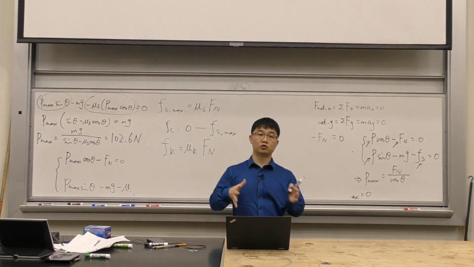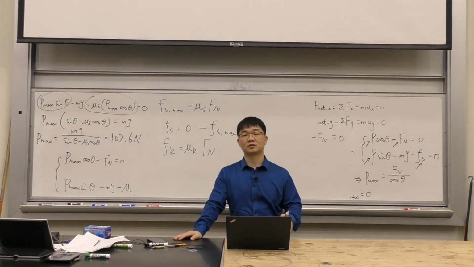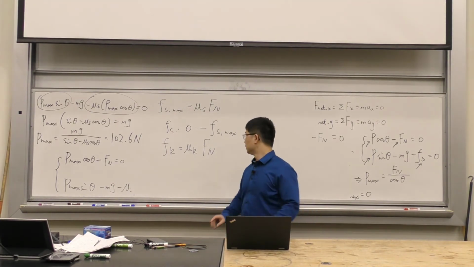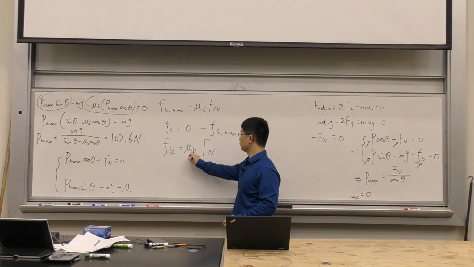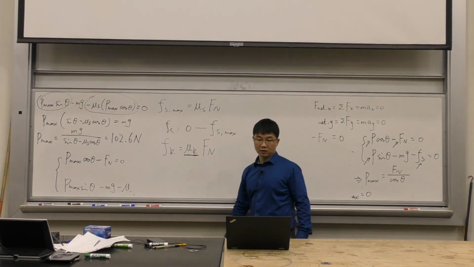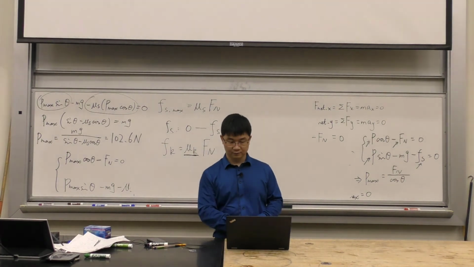Once it has started to move, you can feel it's a little bit easier than starting it to move. That's because for the same two surfaces, mu k is usually smaller than mu s.